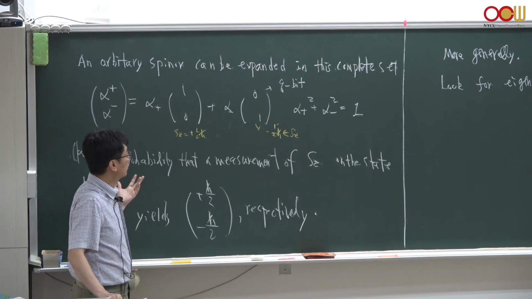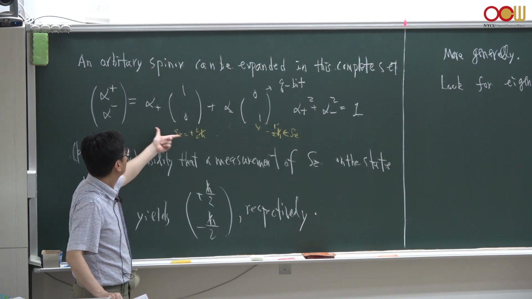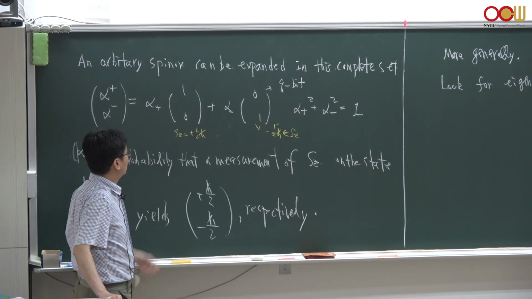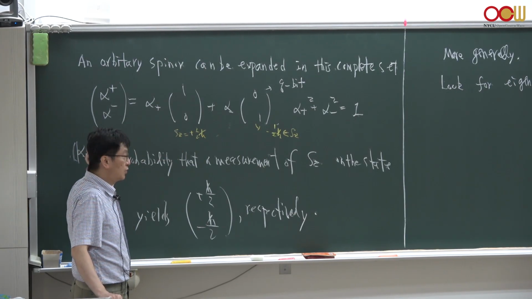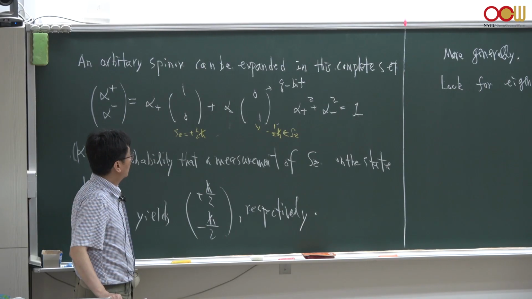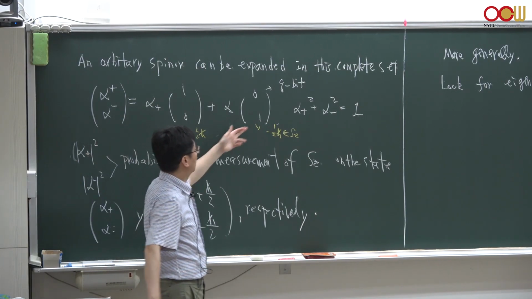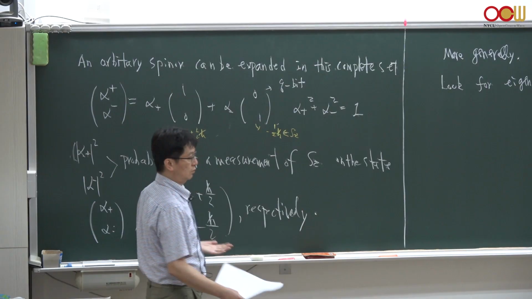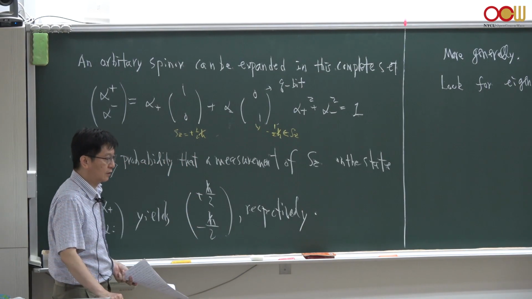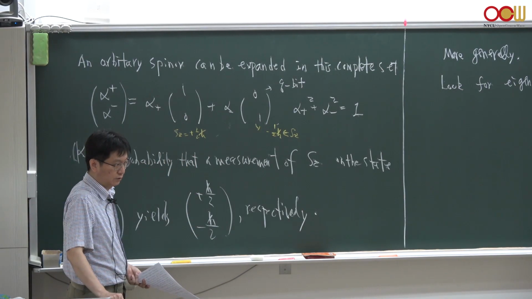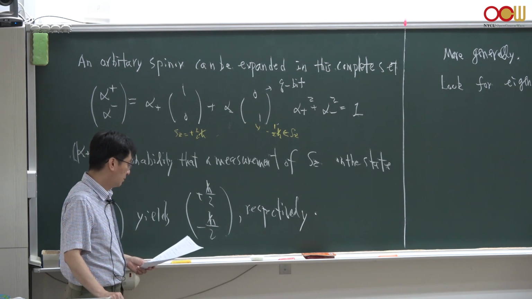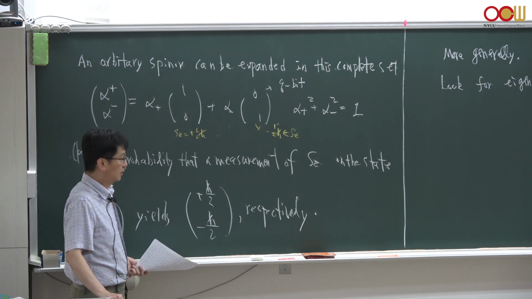Your qubit could be anything, as long as it is a linear combination of these two states, and these are the possible states of this qubit. So your qubit could actually store much more information than the classical bit can store. Okay, so this is the principle behind the so-called quantum computer.